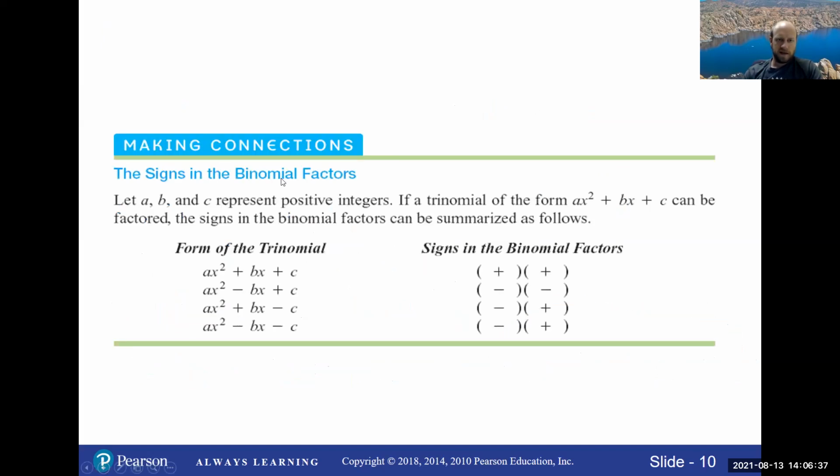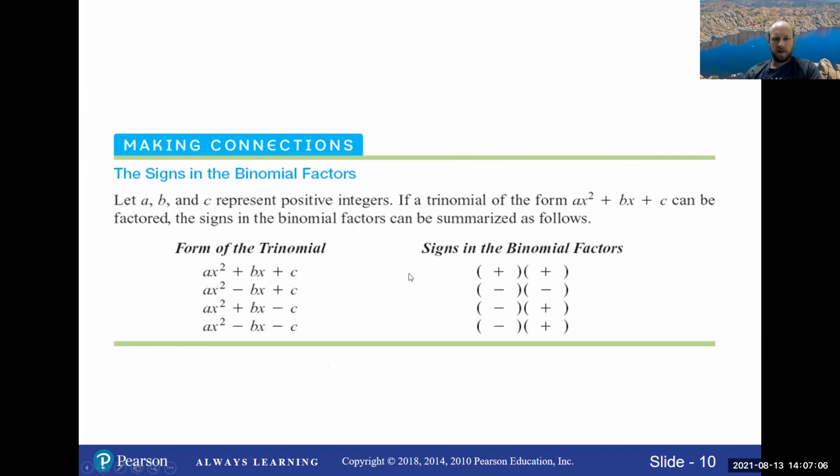So at the end here, I just put in a little signs chart. And this was the way that the book taught it, with factoring by FOIL backwards. That's not the way I teach it. I teach it where we split up the middle term like I just did. But I had to learn these, I had to recognize these when I was in school.